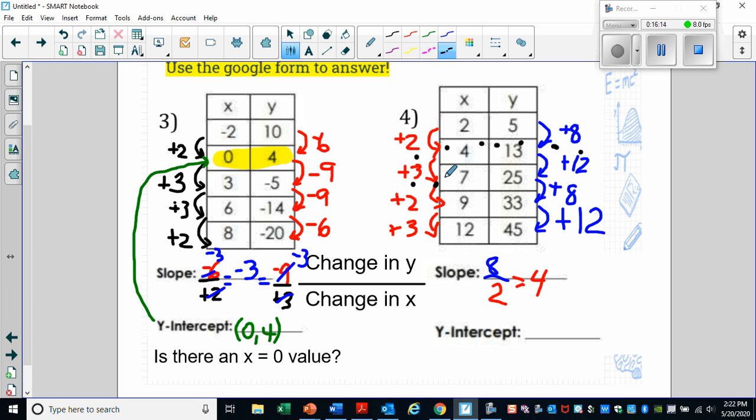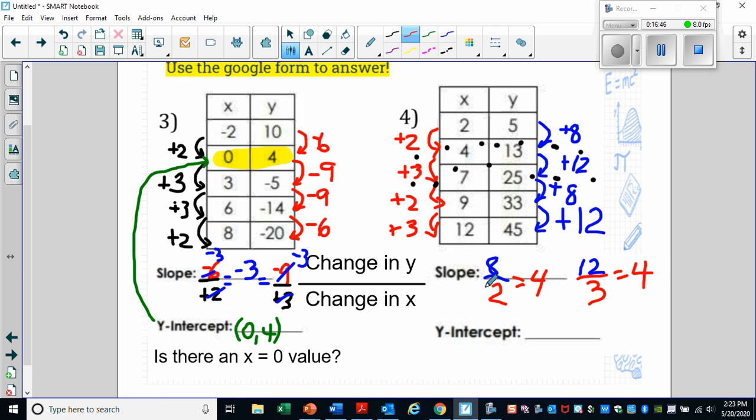For the second change, we go 12 divided by 3. So we have to take into account the same change from each level. Now 12 divided by 3 is also 4.